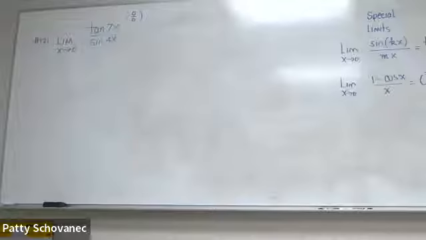So our problem in this example is the tangent. We need to get that out of there. So let's write the tangent of 7x as the sine of 7x divided by the cosine of 7x.